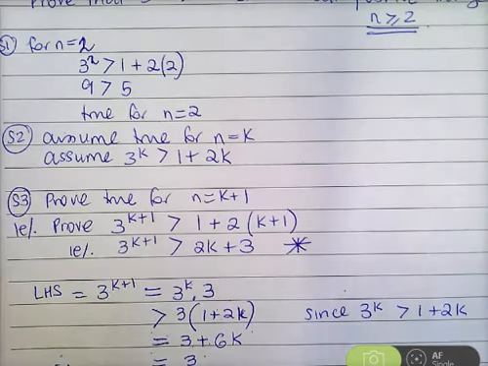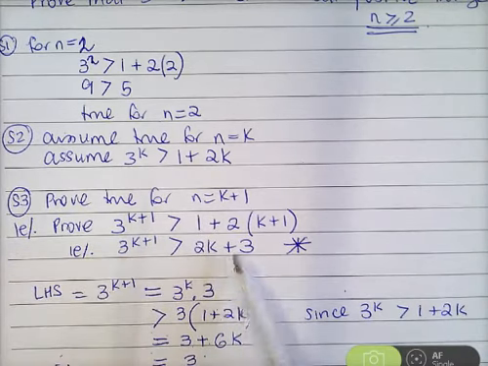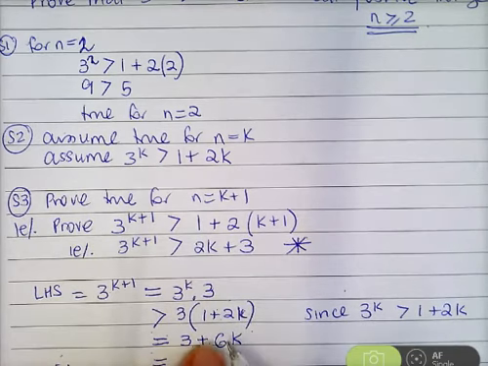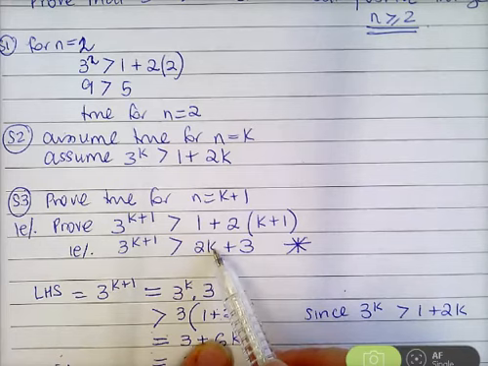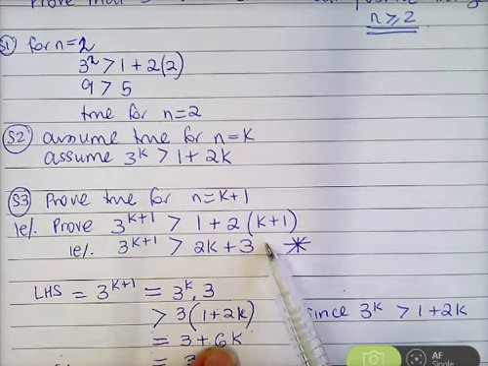Now that there, I can do this a few ways. I can say I'm trying to prove that 3 to the k plus 1 is greater than 2k plus 3. I've got the 3, but I've got 6k. Girls, isn't 6k bigger than 2k? So therefore, 6k plus 3 is definitely greater than 2k plus 3, isn't it?